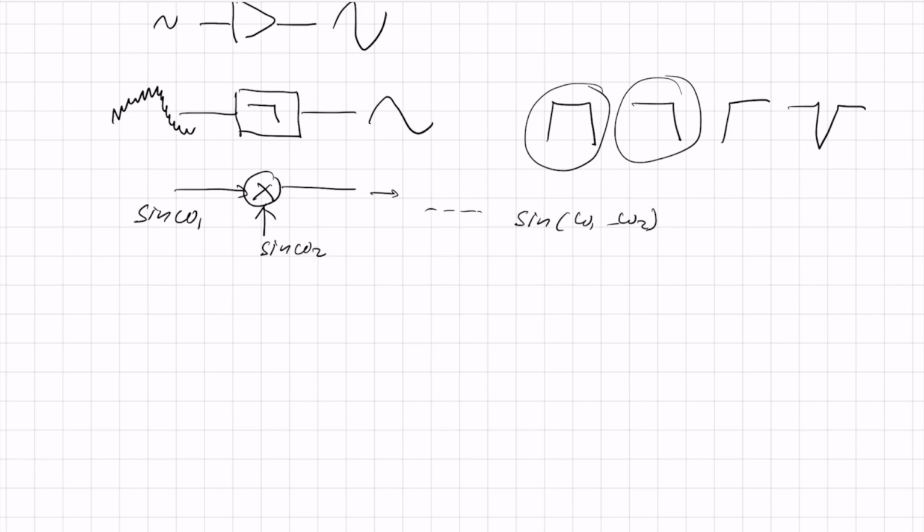And what is interesting, if I have amplitude modulation, so I have here A1 and I have here A2, then here we have A1 times A2. And if we have a little bit of phase, so phase 1 and phase 2, that phase 1 is added over here and phase 2 is added over here.